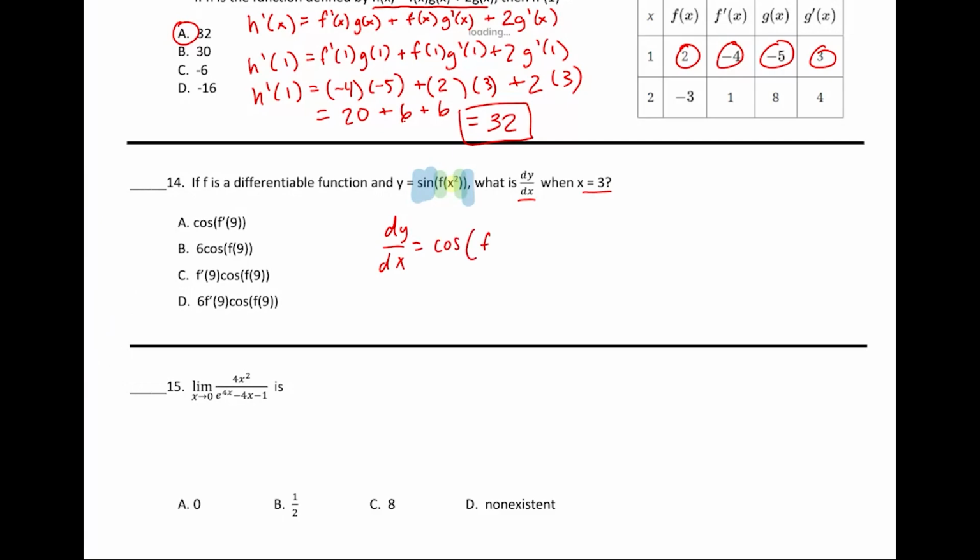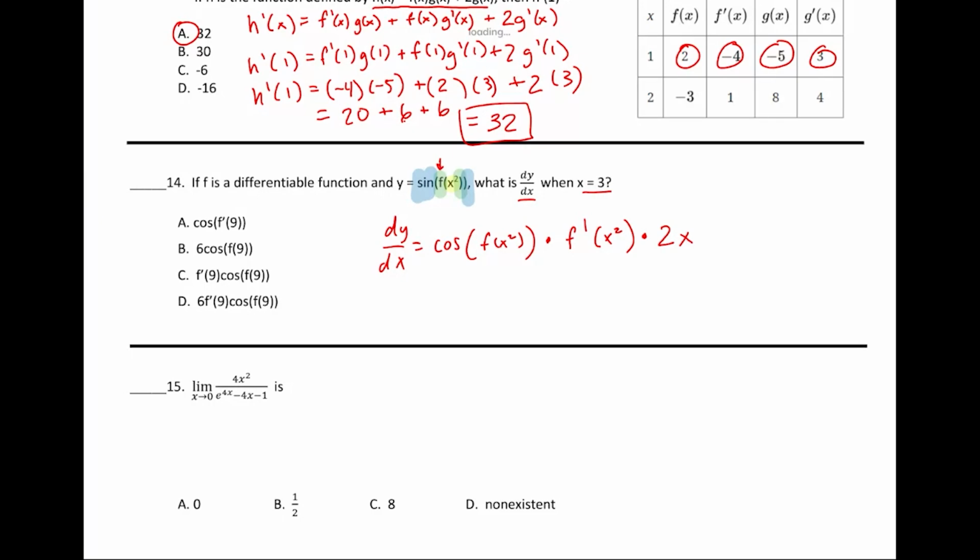So cosine of f of x squared times the derivative of the next inner function, which is f. So f prime of x squared. And then times the derivative of the inside, which is the derivative of x squared, or 2x.